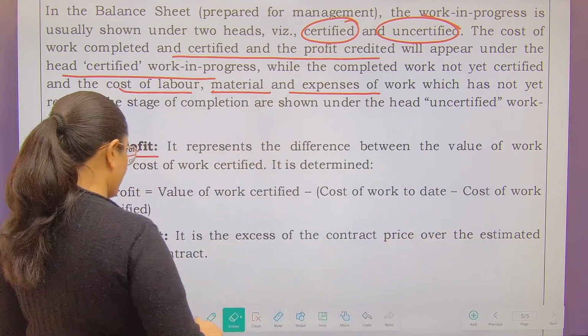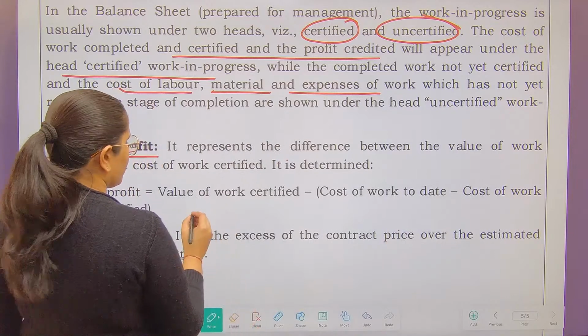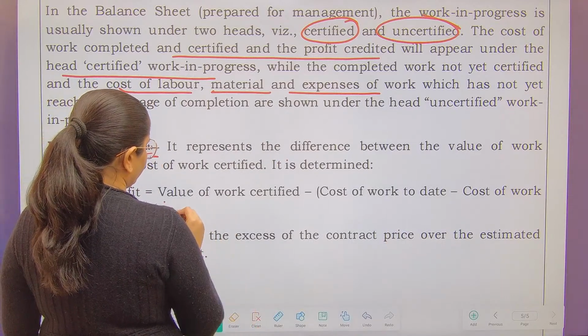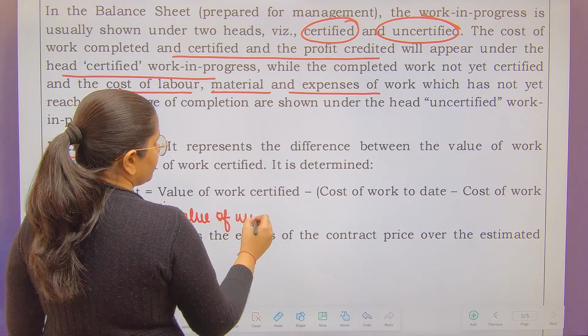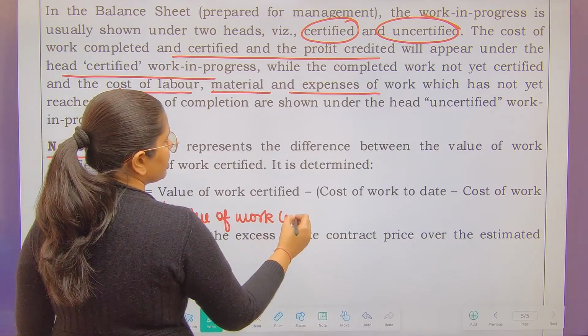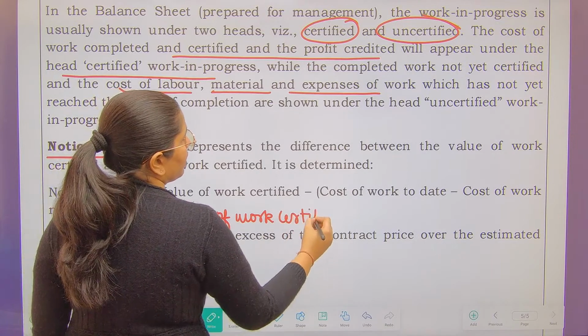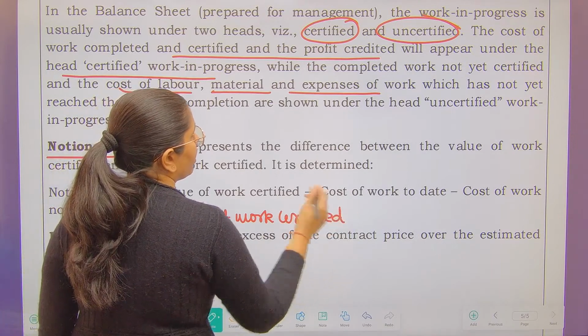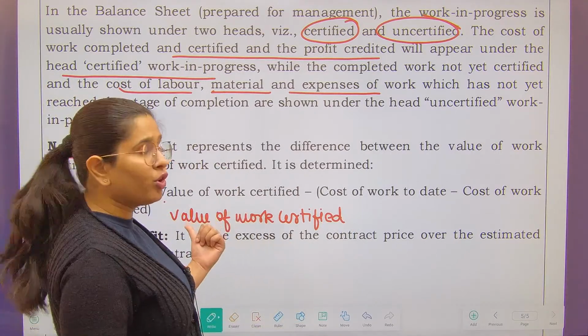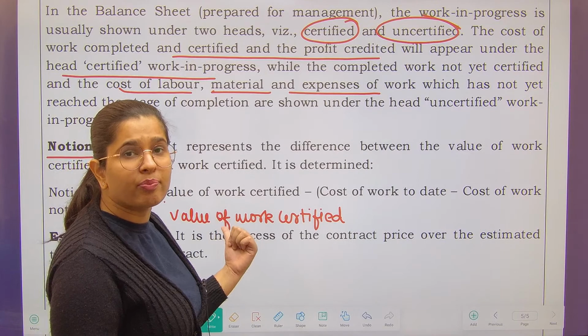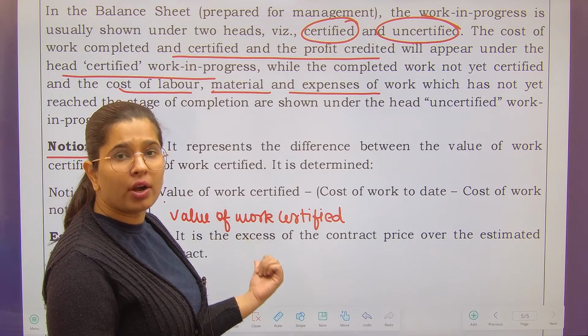They want to say value of work certified. Value of work certified means the portion of work that has been assessed, and for value we have multiplied the percentage with contract price.